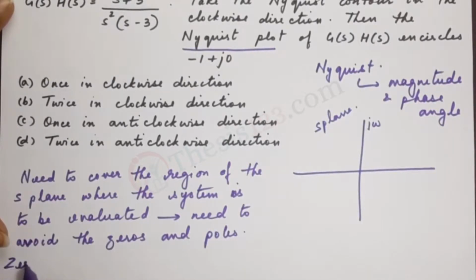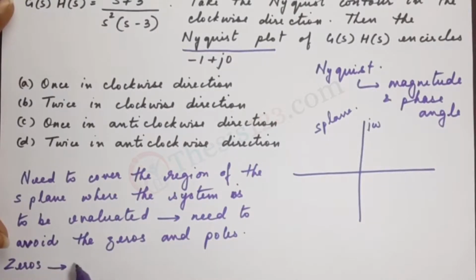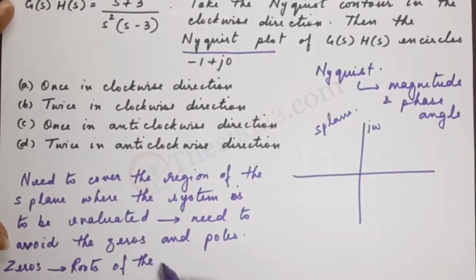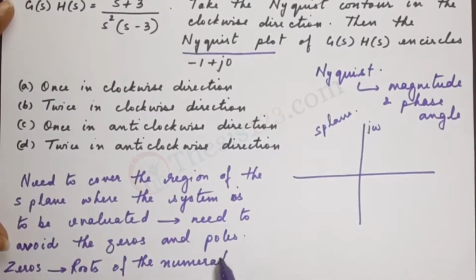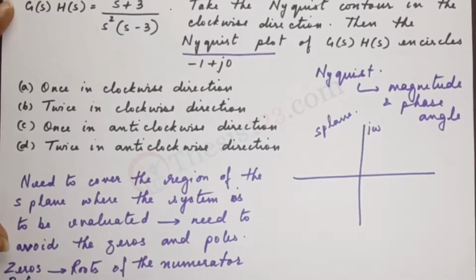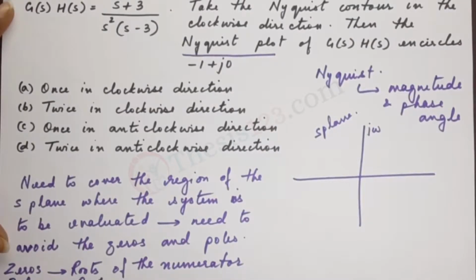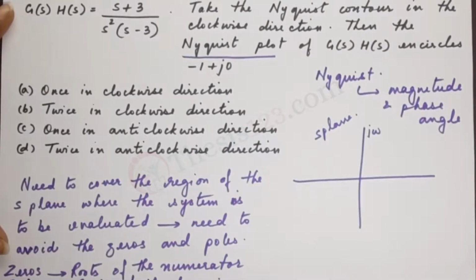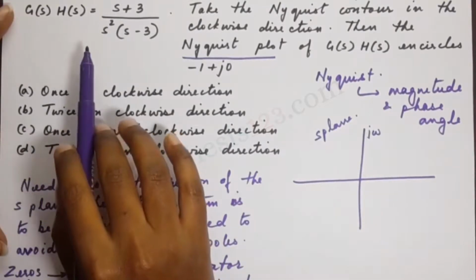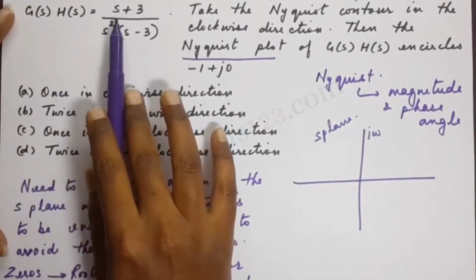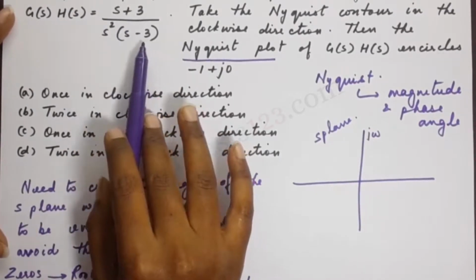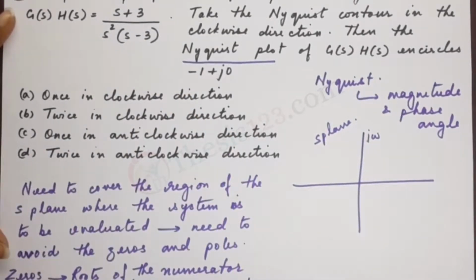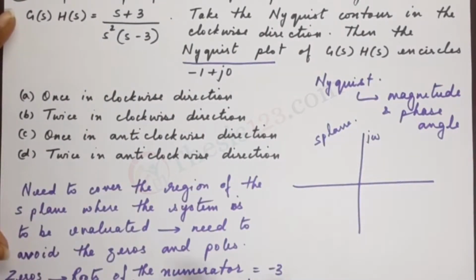You should remember that zeros are the roots of the numerator and poles are the roots of the denominator. Look at the transfer function given to us: G(s)H(s) = (s + 3) / (s² (s − 3)). So minus 3 is a zero.